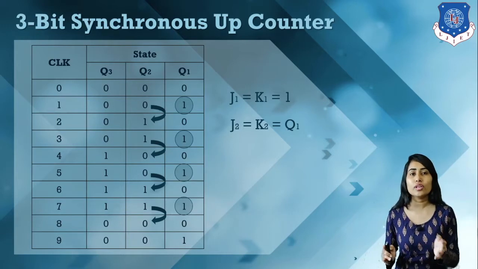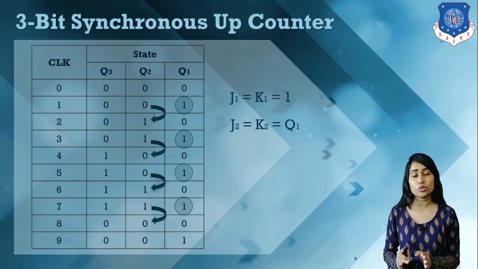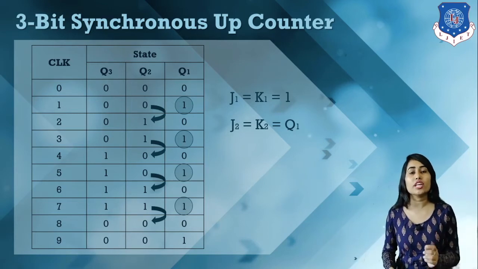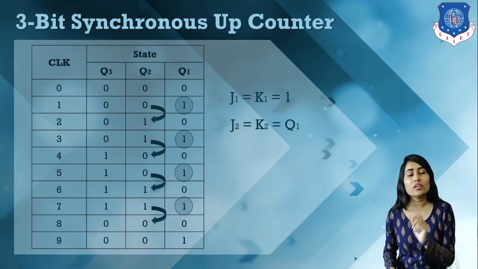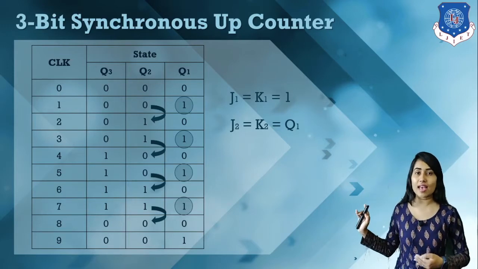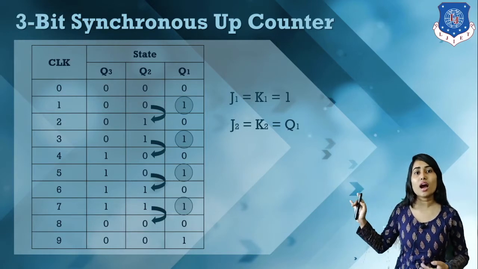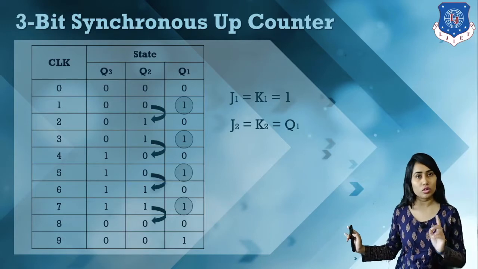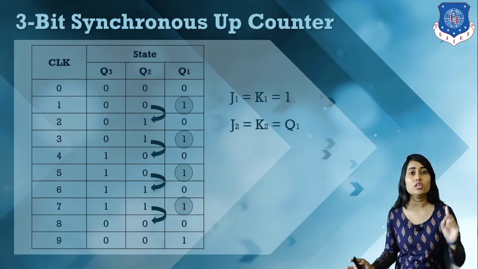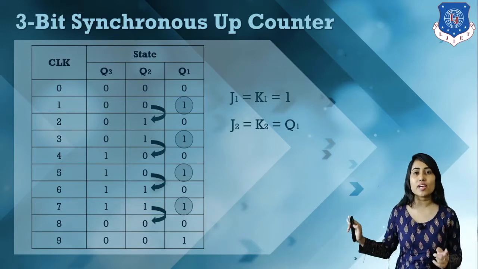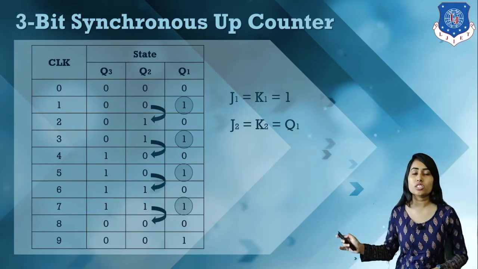So our output for Q2 is in a no change condition, and whenever Q1 is equal to 1, J2 K2 is equal to 1, so we have a toggle condition and our output of Q2 will toggle. That's why J2 K2 is equal to Q1.